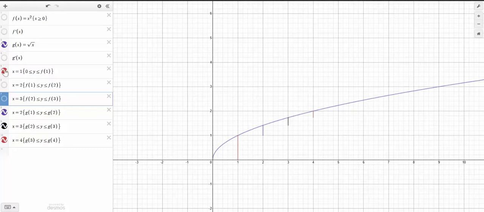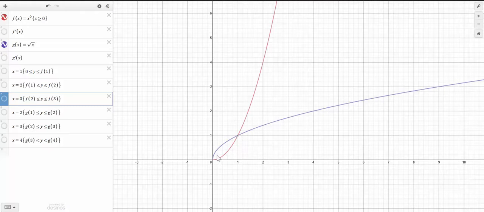Now contrast that. Let me turn off all these little lines here. Now contrast that with x squared. This function is concave up. It's opening up. When you have a function opening up like this, concave up, it means that the first derivative is increasing.